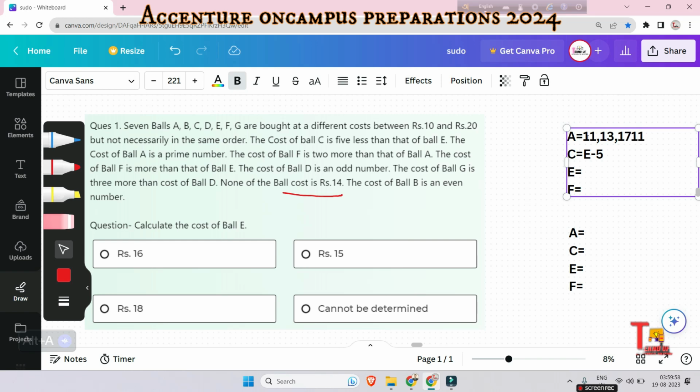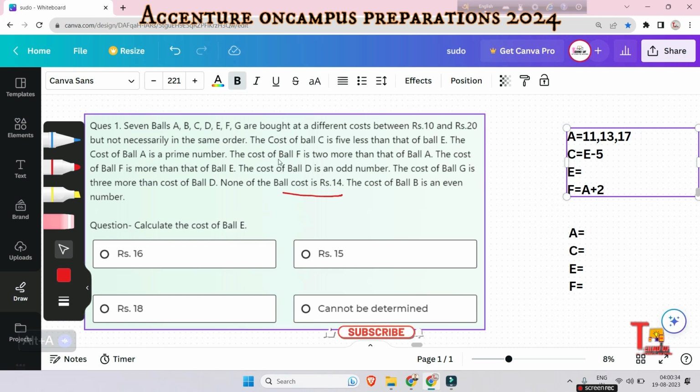Among these, the value of A is implied. 19 is not possible because the greatest element is F. But F is A plus 2, more than A, as mentioned here.